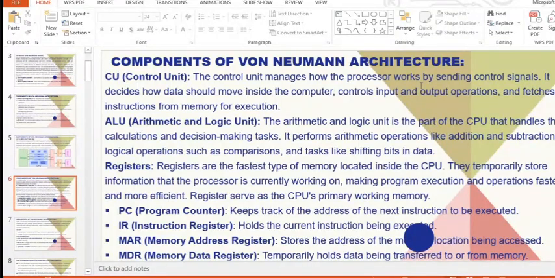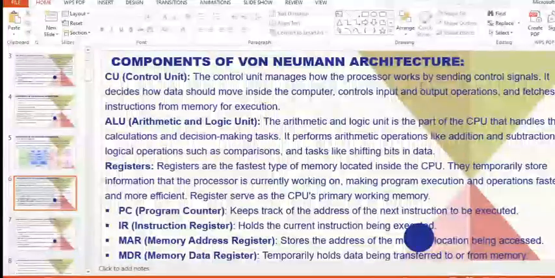Now, these registers include the program counter. This program counter keeps track of the address of the next instruction to be executed. Talking about the program counter, as you have seen from the CPU architecture there, for sequential instruction processing, it keeps track of the memory addresses for the next instruction to be executed within the CPU system.